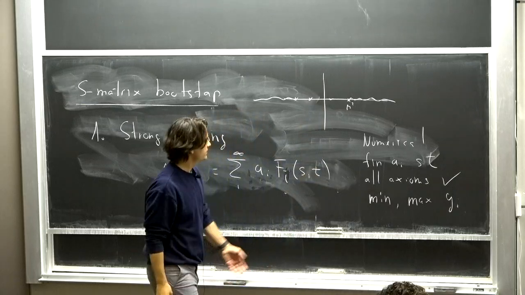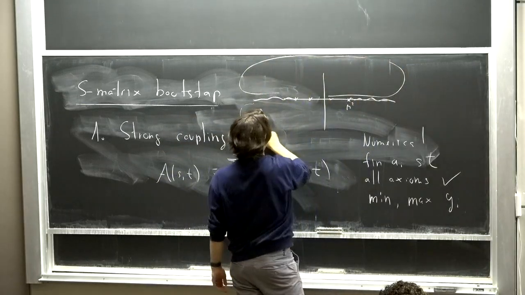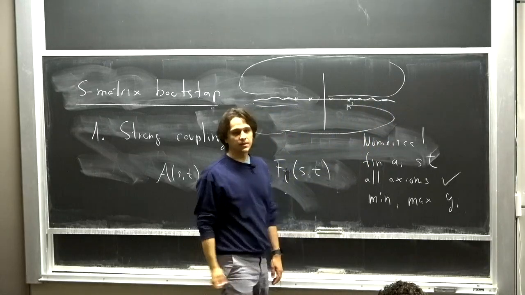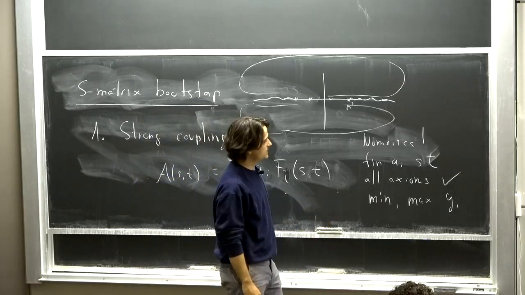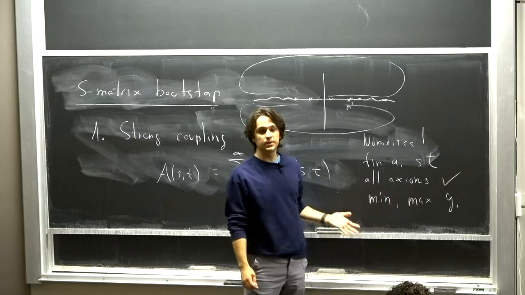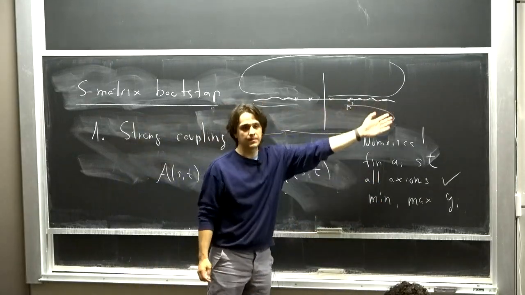So people choose functions that are basically analytic everywhere except for here where they have some type of square root branch cut, and the hope is that by doing an infinite sum of this, you would be able to reproduce, at least numerically, the behavior of an actual amplitude there.